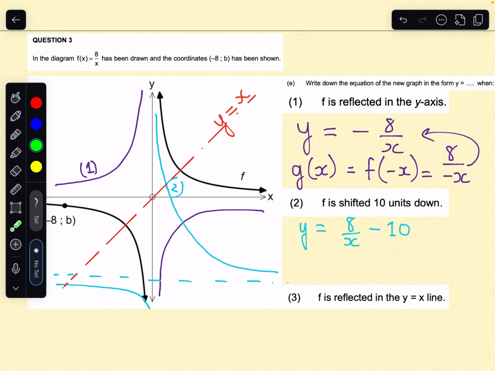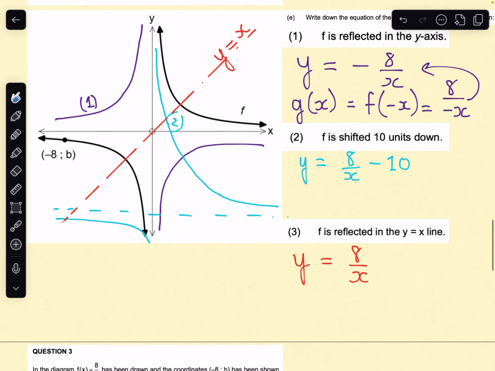That means that if we reflect this curve in the line y is equal to x, we are going to get the exact same curve, right? And so that means that even if we reflect f, y is equal to 8 over x, in the line y is equal to x, the outcome is still going to be y is equal to 8 over x.